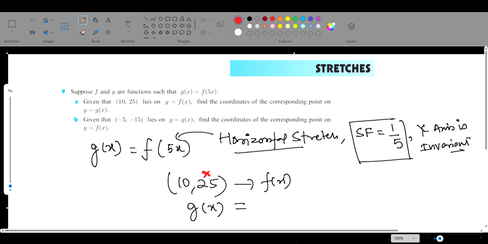It will remain 25. Only the x coordinate will be multiplied by the scale factor, which is 1 over 5. So 10 divided by 5 is 2. So what is the new coordinate? (2, 25).